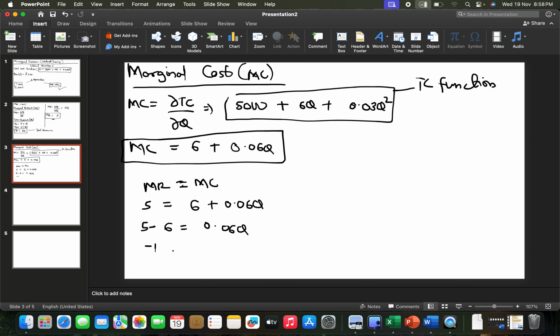This gives us minus 1 equals 0.06Q. Since we are finding Q, we divide both sides by the coefficient of Q, which is 0.06. So Q is equal to minus 1 divided by 0.06, which gives us minus 16.67.